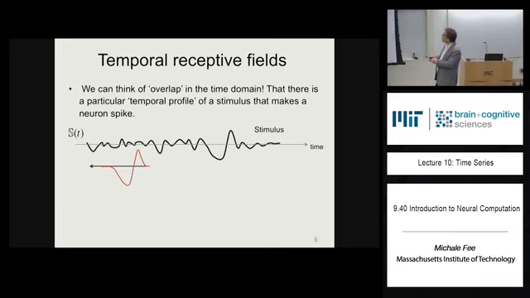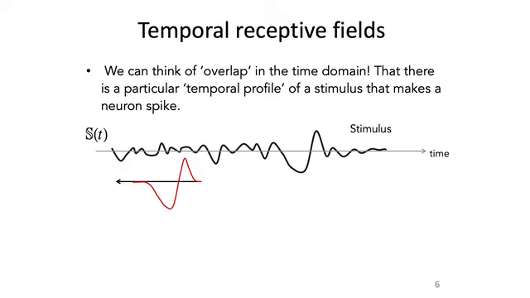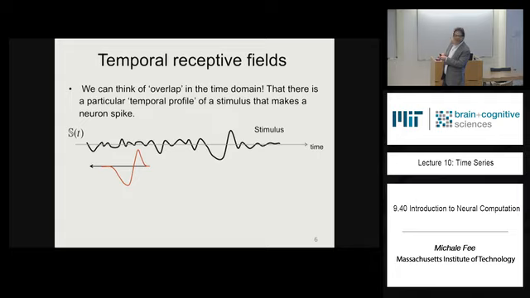As you recall, if we have a time-dependent stimulus, let's say this is the intensity of a spot of light, you can have a neuron that's responsive to a particular temporal pattern, let's say a brief darkening of the stimulus followed by a pulse of bright, high intensity.